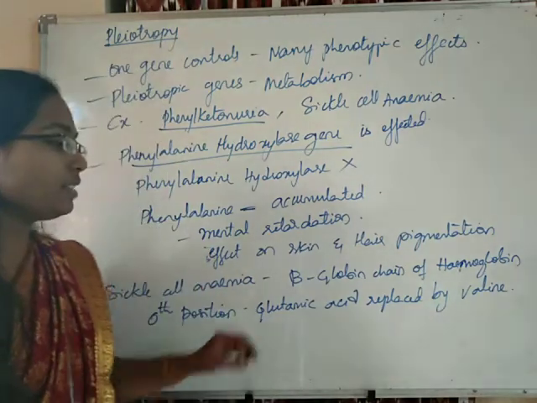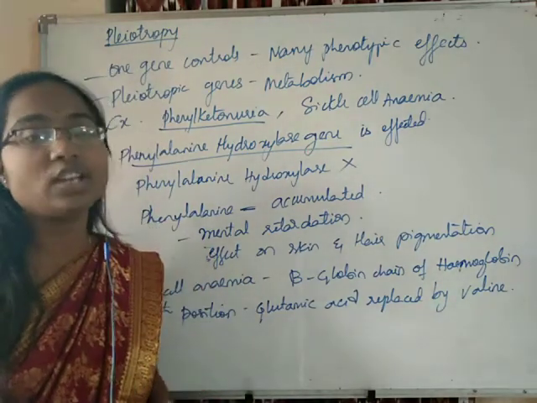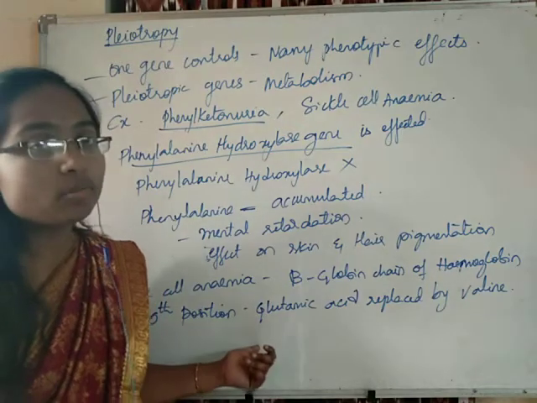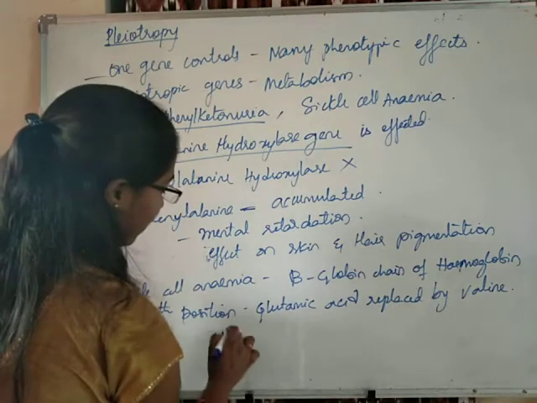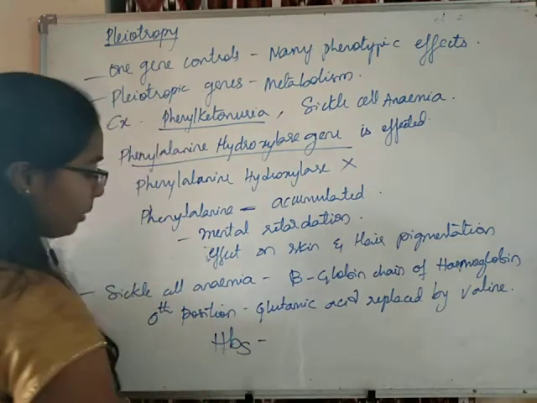When glutamic acid is replaced by valine, there is a change occurring in the hemoglobin molecule, resulting in the sickle cell allele, HbS. This kind of hemoglobin is formed.